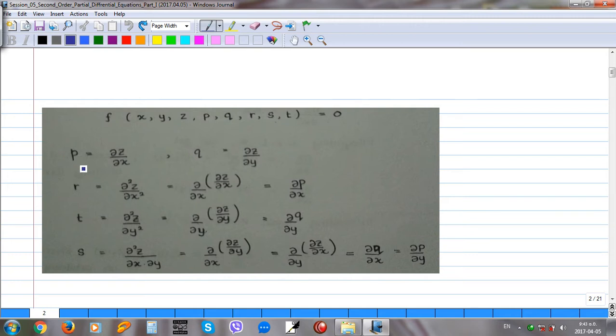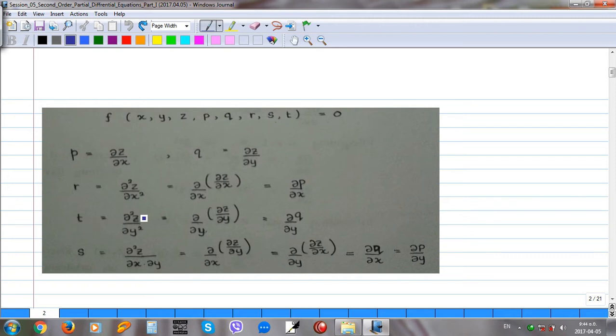And there are some more notations. So P, Q, R, S, T. P is ∂z over ∂x, Q equals ∂z over ∂y, and R equals ∂²z over ∂x². This you can write as ∂ over ∂x times ∂z over ∂x, and ∂z over ∂x is P. So R equals ∂p over ∂x.